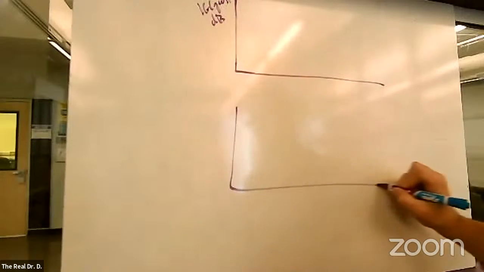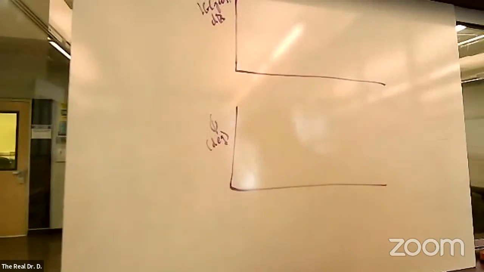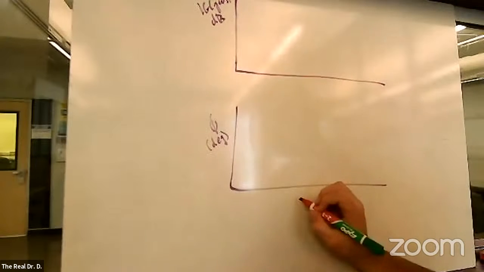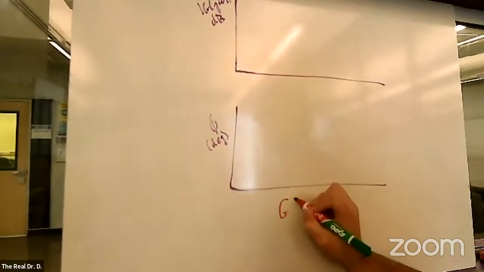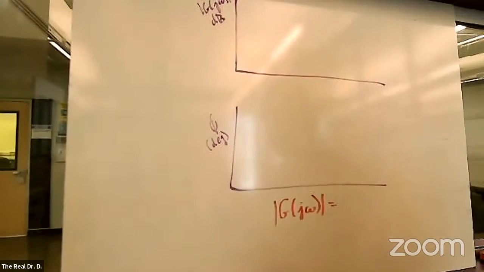Here, I want to talk about magnitude and phase. On the top one, I have my magnitude plot in decibels. Here's something to recall: the magnitude of G of j omega in decibels.